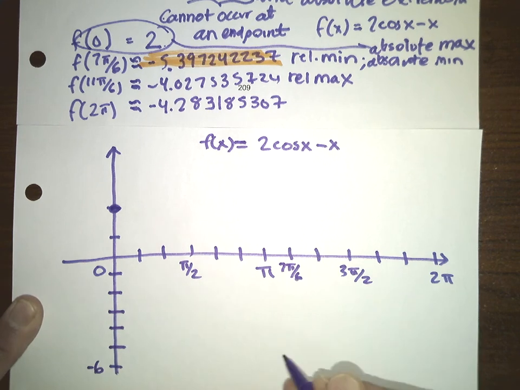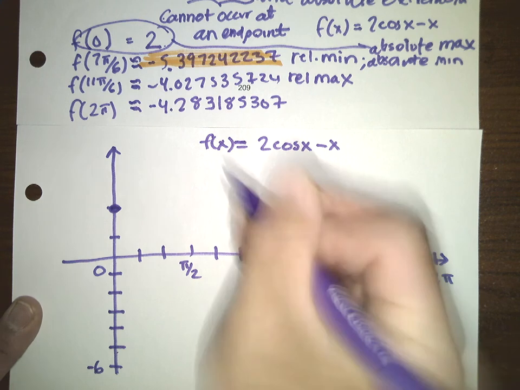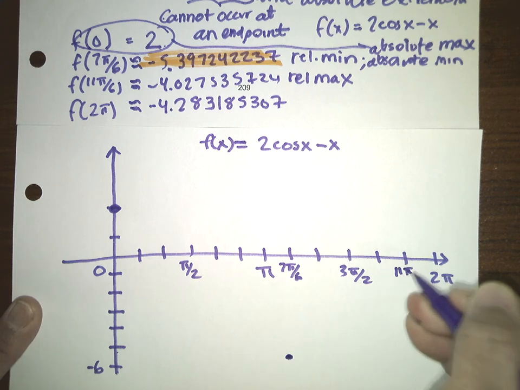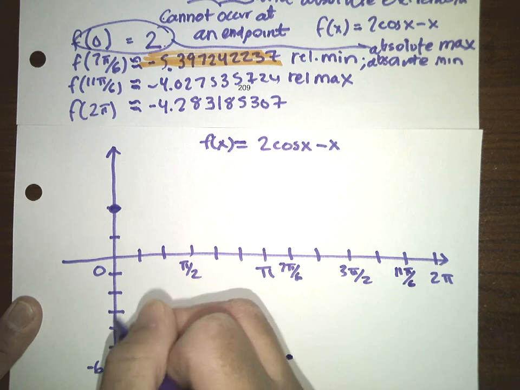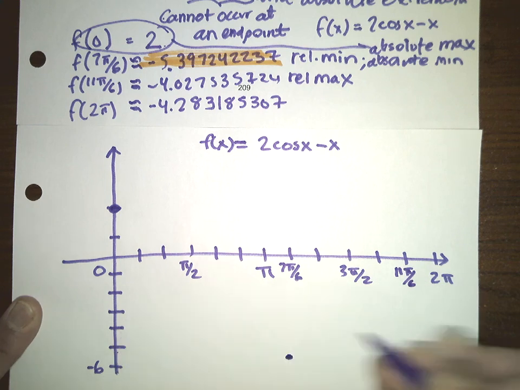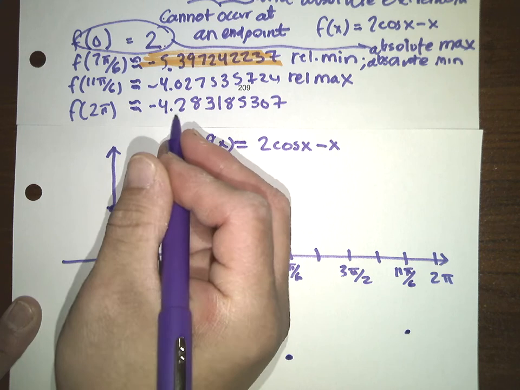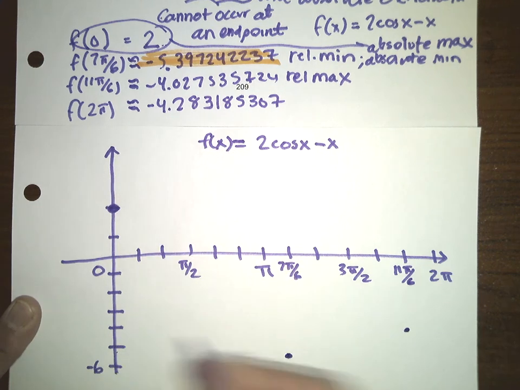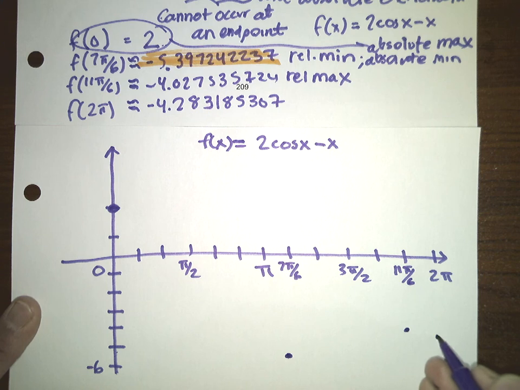So 7 pi over 6, negative 5.39. Then 11 pi over 6, negative 4.02. So that would be about right here. And then f of 2 pi is negative 4.28, so a little bit less than that.